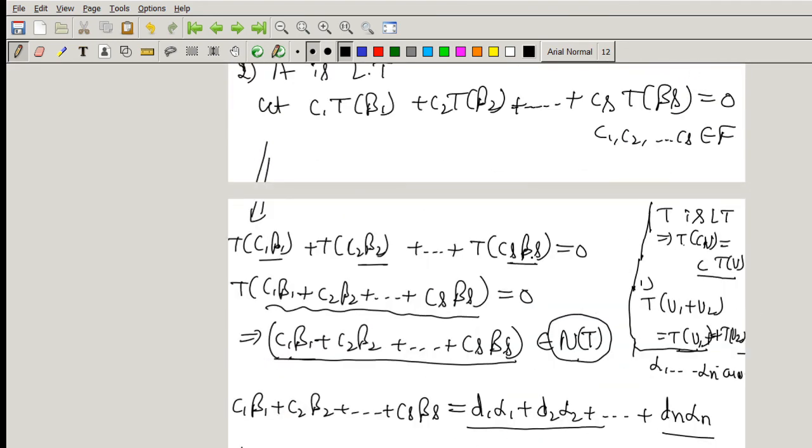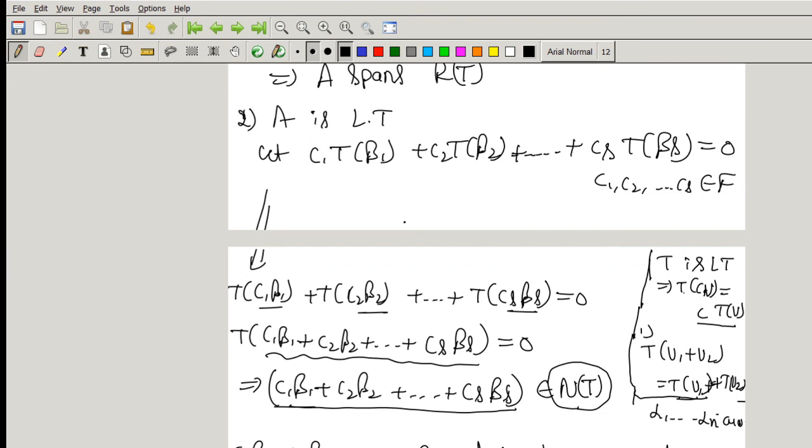To check for linear independence in the set A, we have considered their linear combination. These are the scalars, elements belonging to the field.